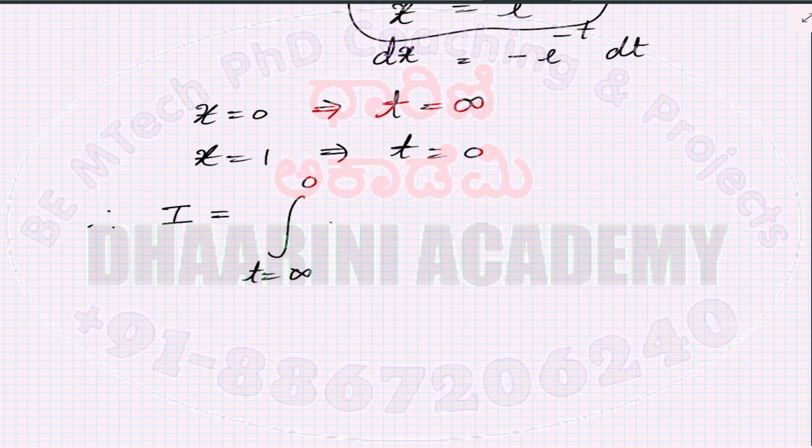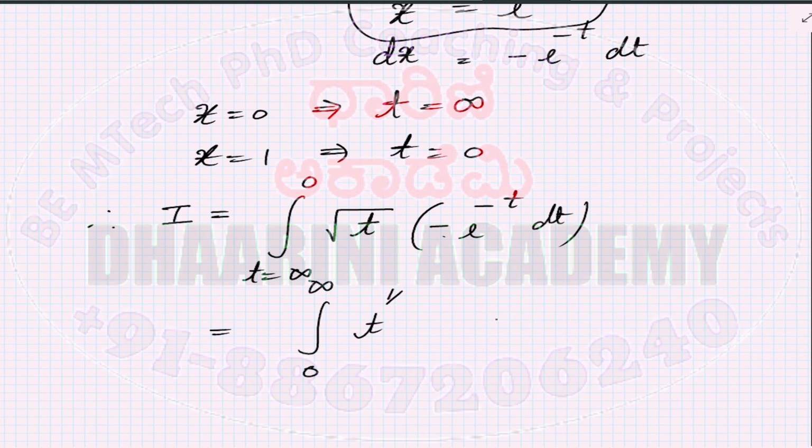Root of minus log x was substituted as t, and dx is minus e to the power minus t into dt. Now I can cancel the minus by flipping the limits of integration. So this becomes 0 to infinity, root t, which I can write as t to the power half into e to the minus t dt.